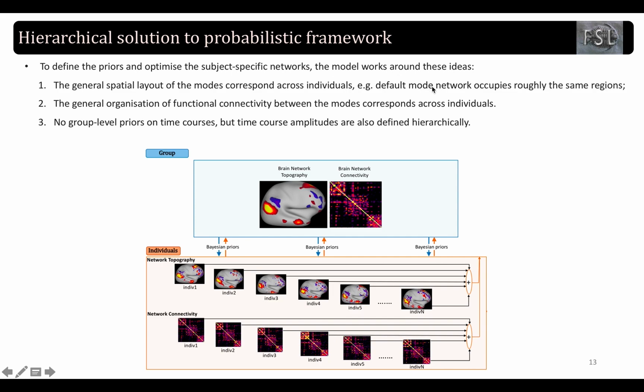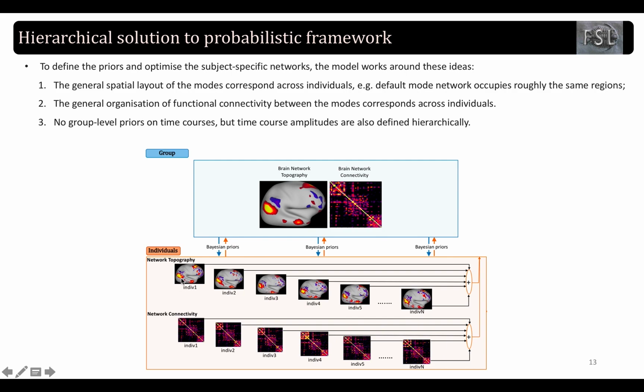For example, the overall architecture of the default mode networks, meaning the brain areas that it roughly covers, remain consistent across the subjects. Therefore, the group level spatial topographies can be used to build realistic priors for single subject modeling of spatial maps and optimization of the spatial map posteriors in equation 1.